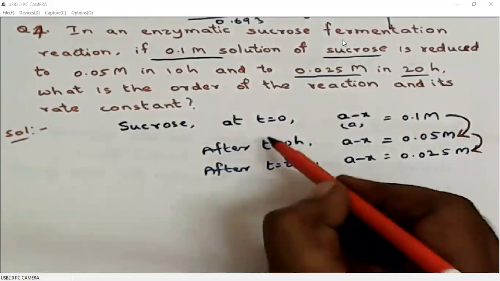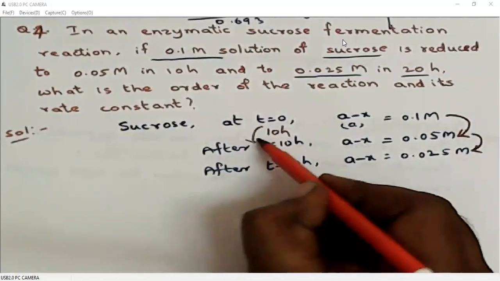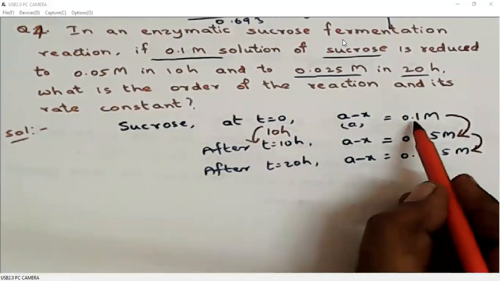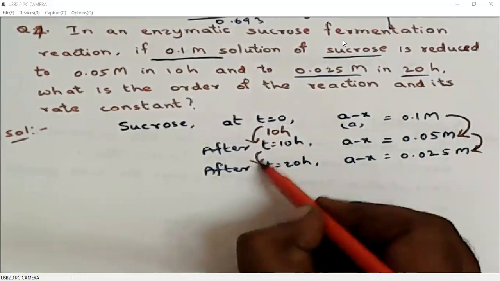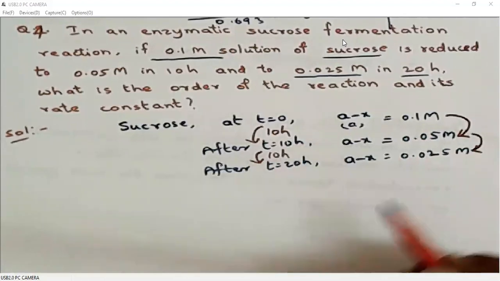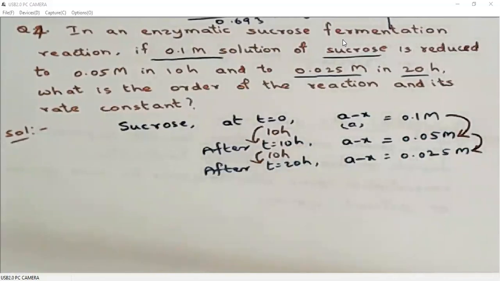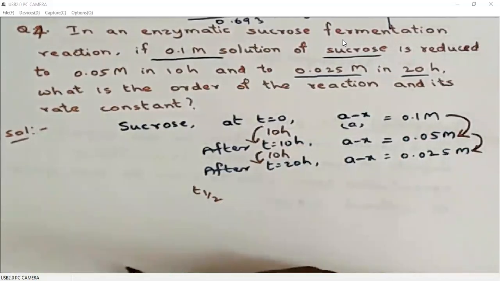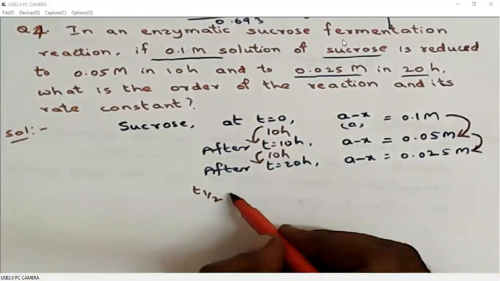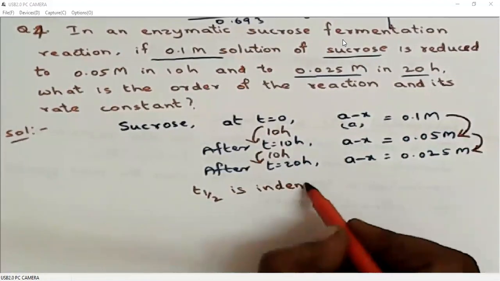So that means it took 10 hours for the concentration to become half. Again it took 10 hours to become half. So that means the half-life is independent of initial concentration.